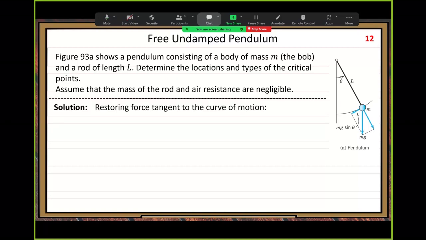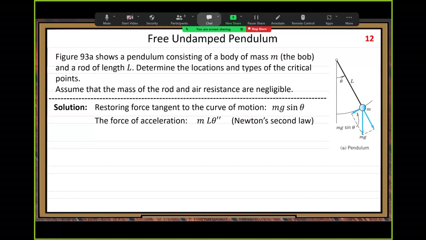Let me give you the equation. The restoring force, the force component along the tangent line, is mg sine theta. Force equals mass times acceleration. The displacement is L times theta, the length of the arc, so the acceleration is L theta double prime.